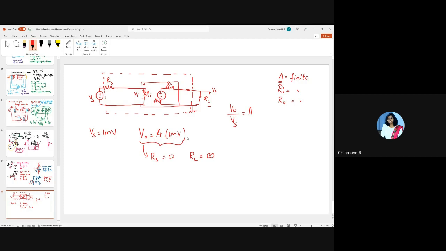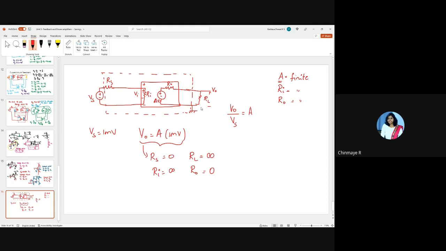There is another case also: when Ri is equal to infinite and R0 is equal to 0. When Ri is infinite, the entire voltage will fall across these two terminals and get amplified, and since R0 is 0, the entire amplified voltage will be across the load.